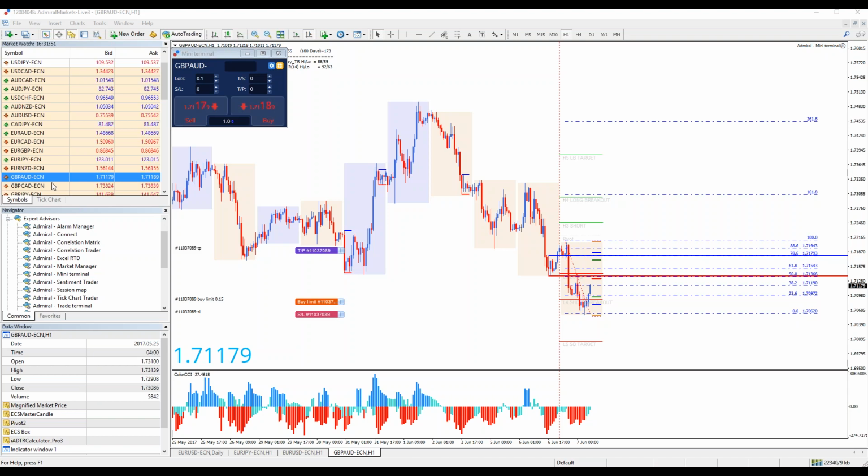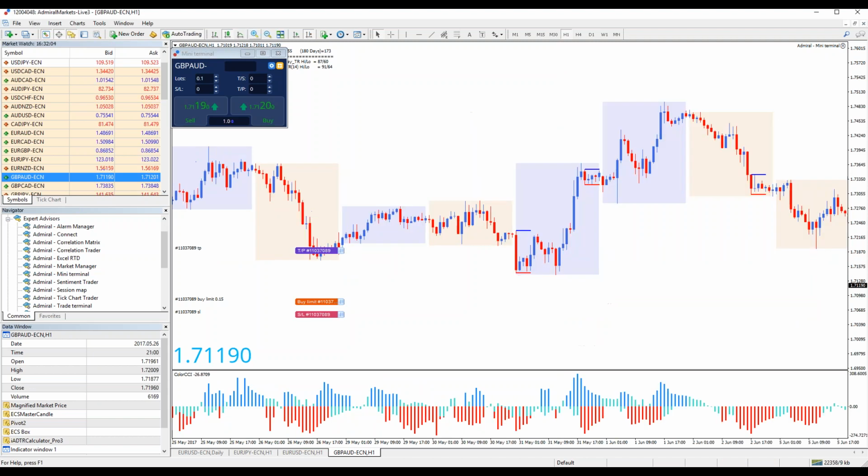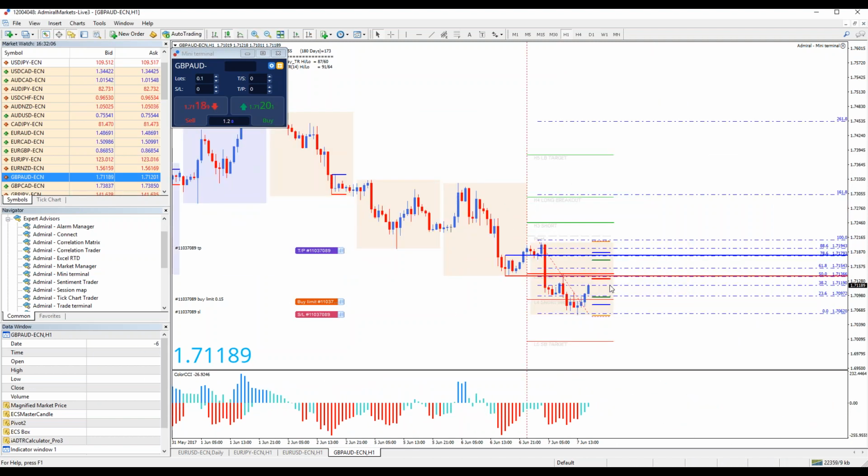So now what you should be paying attention to, because we will close the webinar soon: if the price breaks the L3 level here, this level, don't trade the setup. Simply delete it.